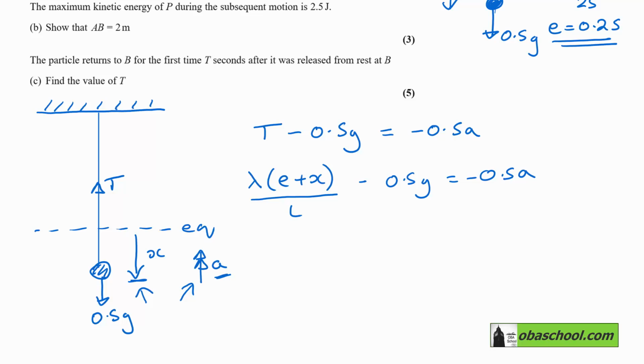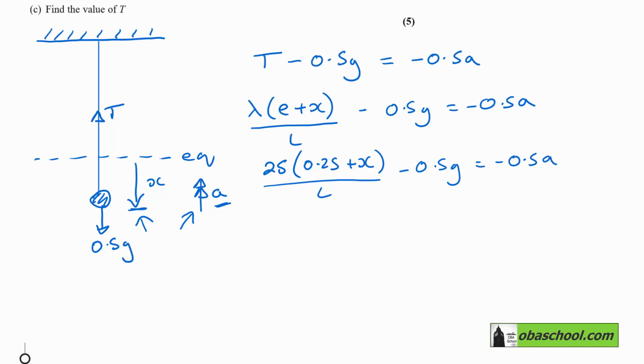And so let's substitute in what we know, 25. This one is going to be 0.25 plus x divided by L. Take away 0.5 g is equal to negative 0.5 a. So we have 25 times 0.25 over 1.25 plus 25x over 1.25.